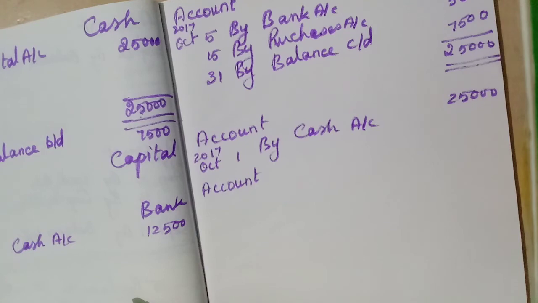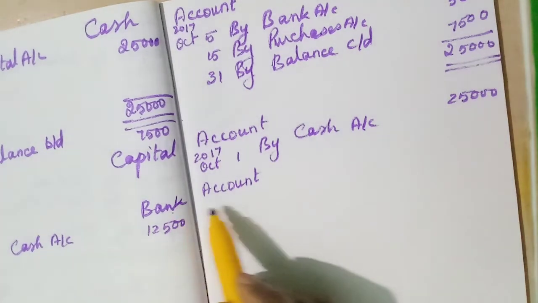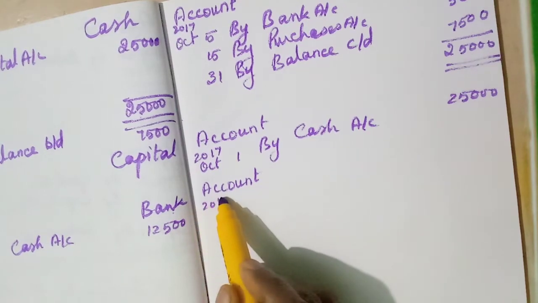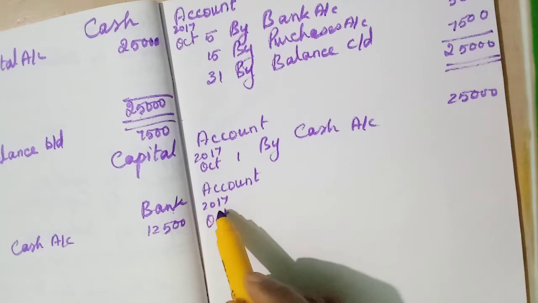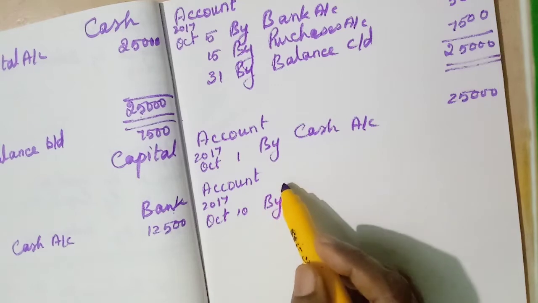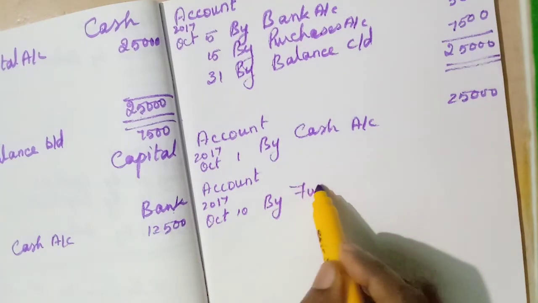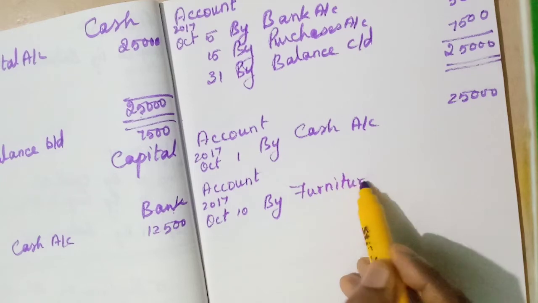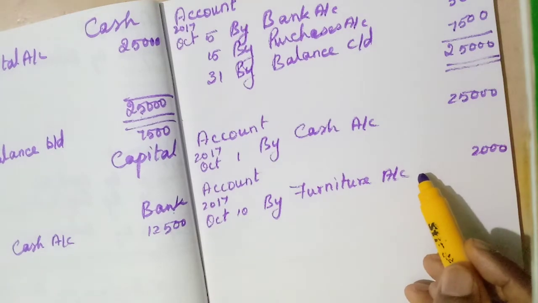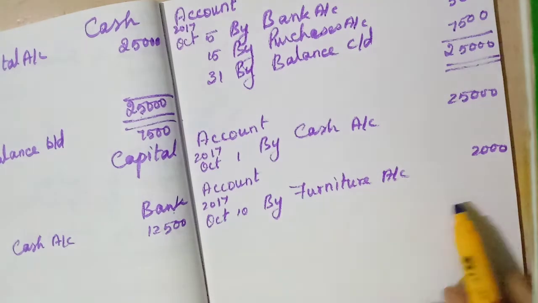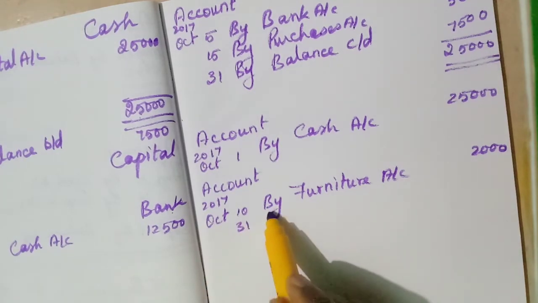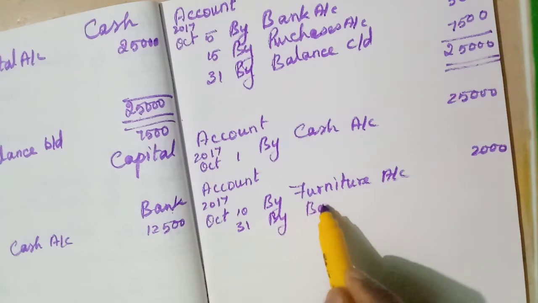Next entry, isn't it? Furniture account debtor to bank. So bank is credited. So credit side we have to post. So write the date 10, isn't it? Bank. So by furniture account 2,000. Okay. Any other bank transaction? No. So we will balance it, isn't it? Here 31 by balance carry down.